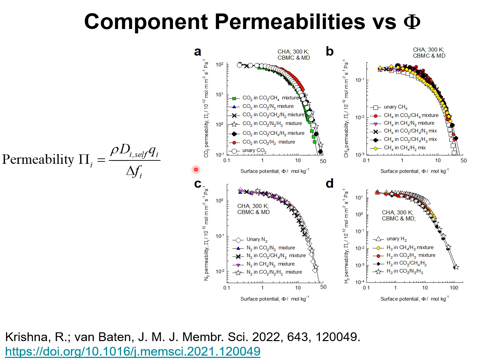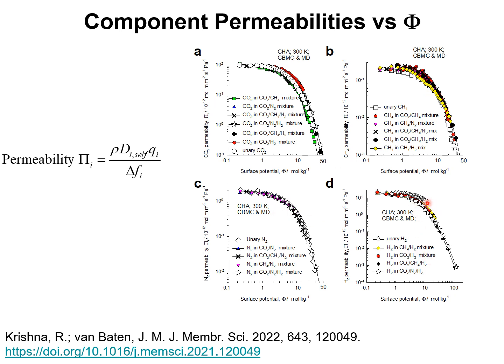We note that in almost all cases, the component permeabilities in a mixture have practically the same value as the unary component permeability, provided we make the comparison at the same surface potential. This holds for CO2, methane, and nitrogen.